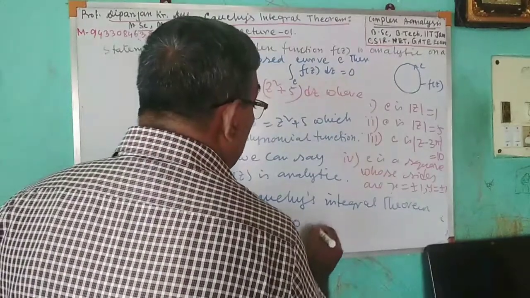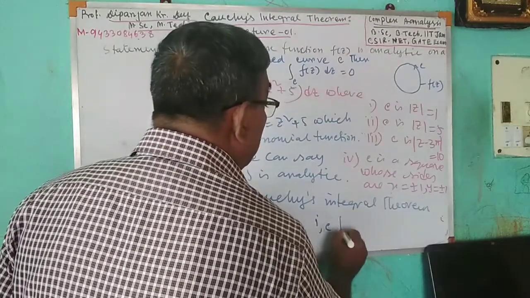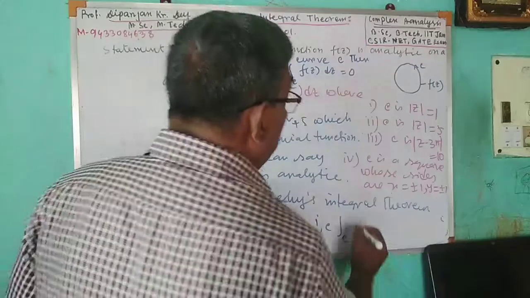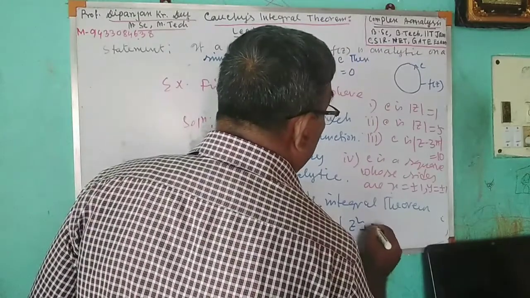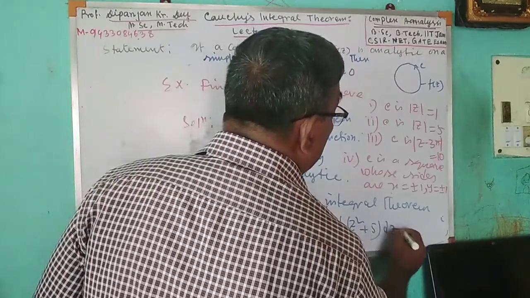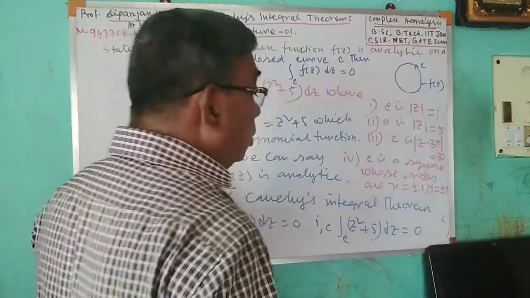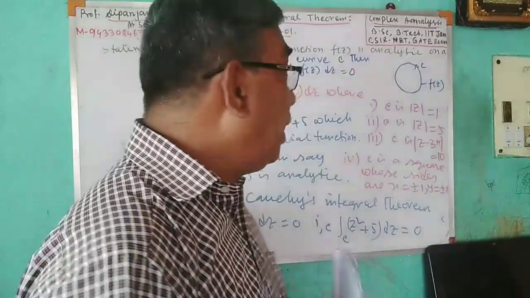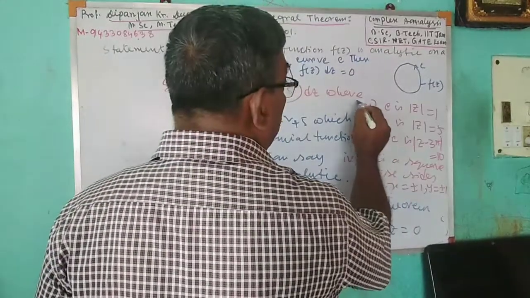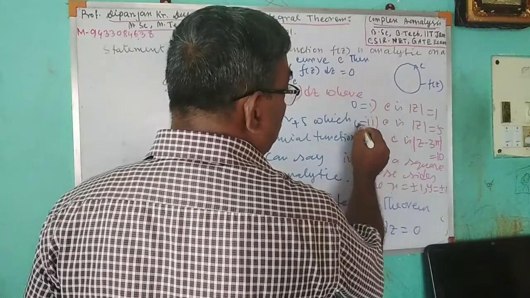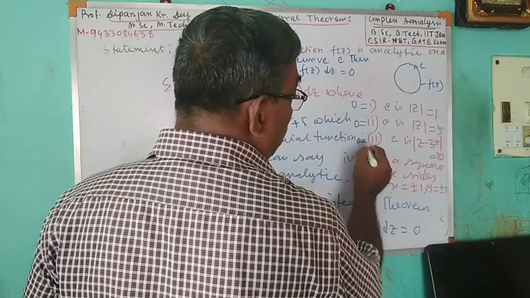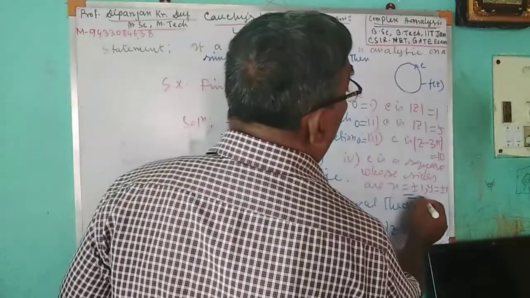That is, the integration over C of z square plus 5 dz is equal to 0 for any closed curve. So this answer is 0, this answer is 0, this answer is 0, and this answer is always 0.